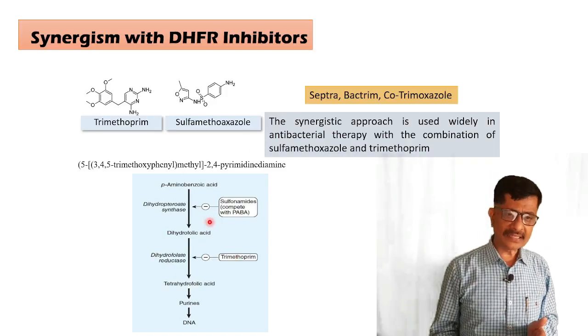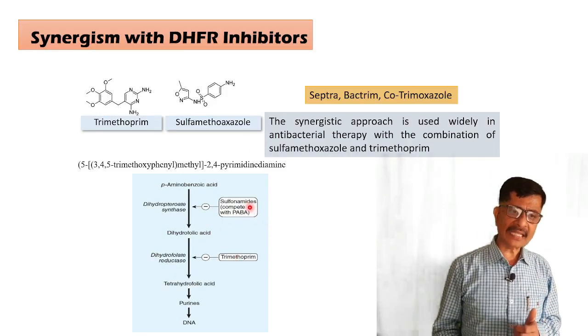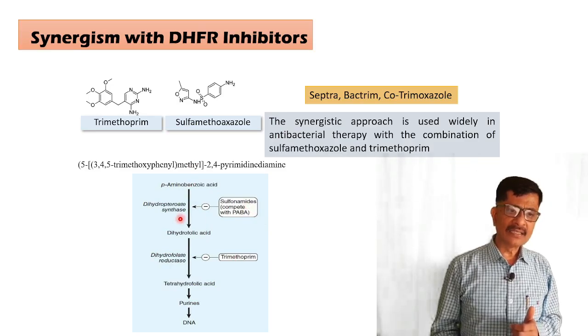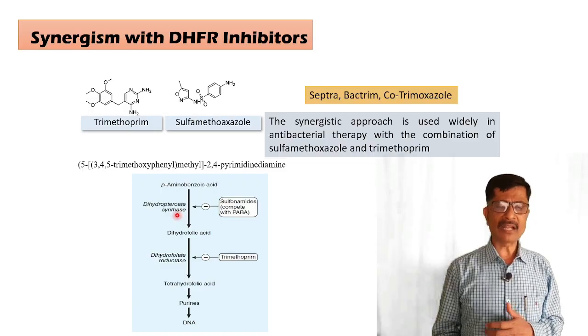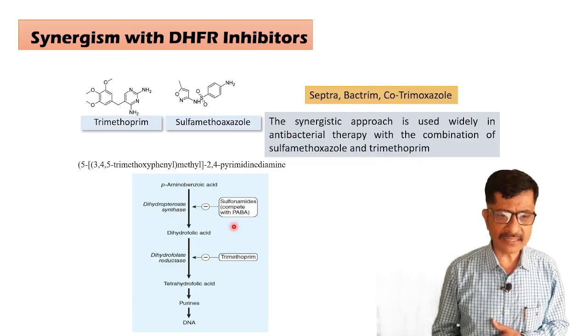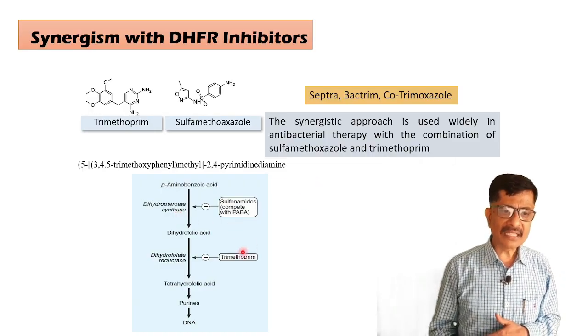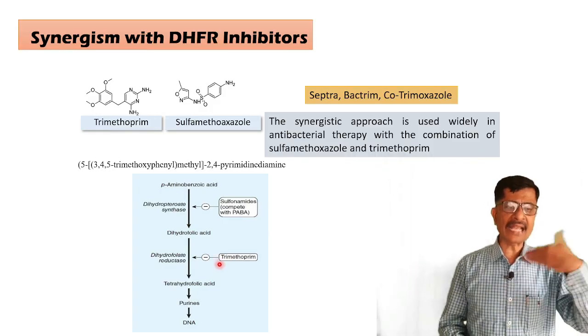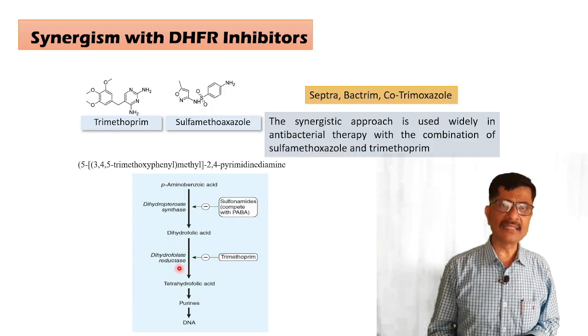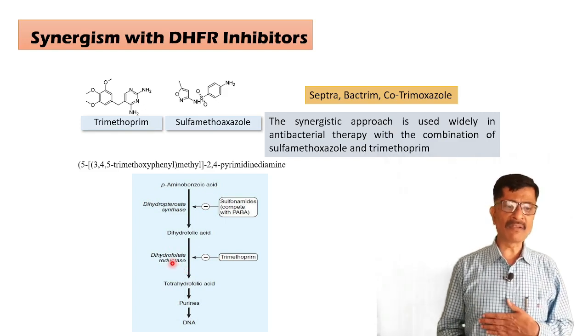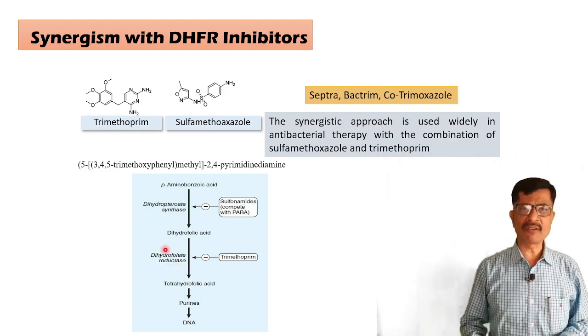Sulfonamides act at the dihydropteroate synthase enzyme by competitively inhibiting para-aminobenzoic acid, whereas trimethoprim acts in the next step by inhibiting the enzyme dihydrofolate reductase, which is required for conversion of dihydrofolic acid to tetrahydrofolic acid.